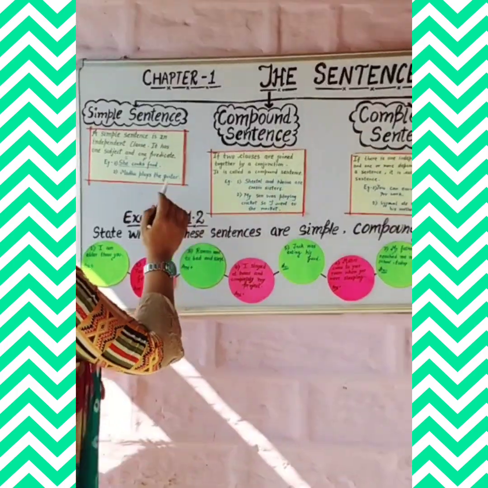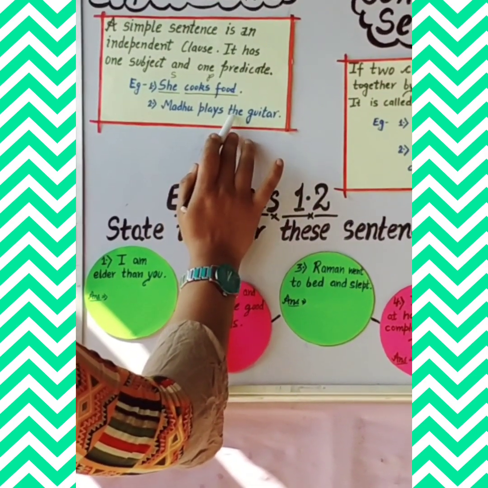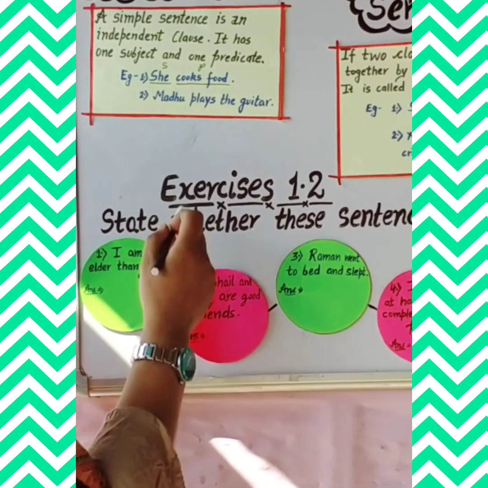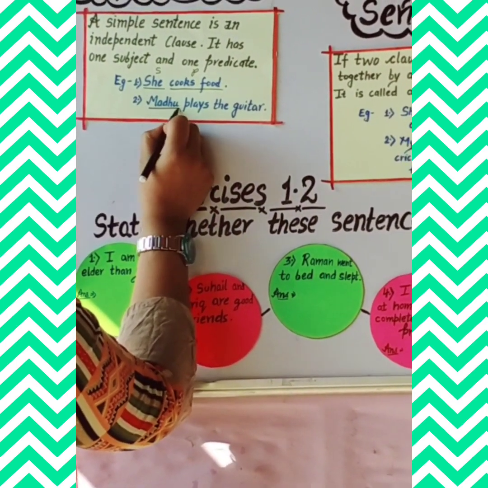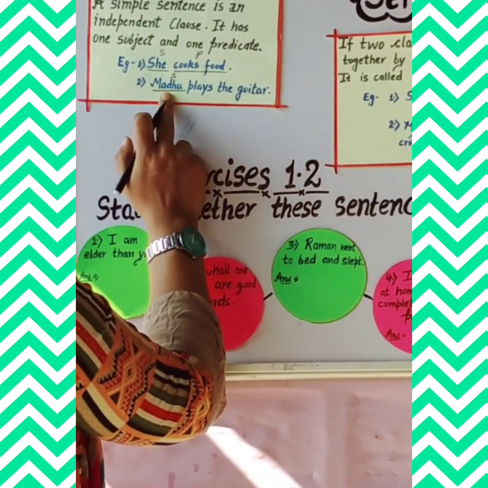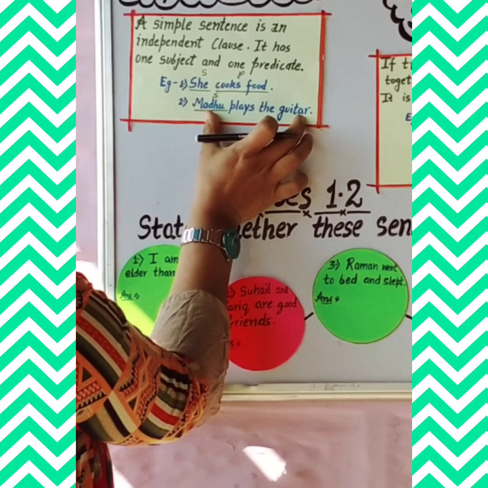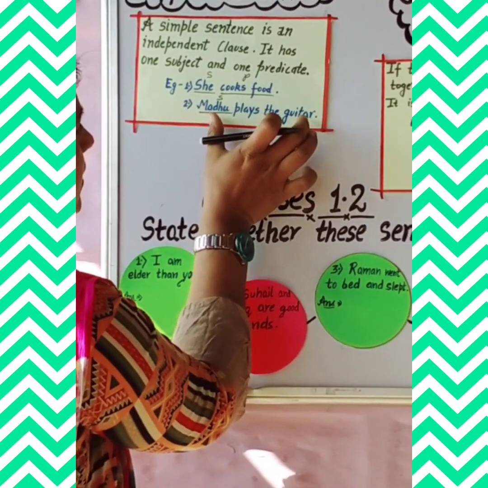Let's understand by a second example: Madhu plays the guitar. In this you can see that Madhu is the subject and the rest is the predicate. So it is making a proper sense without the help of any other sentence.